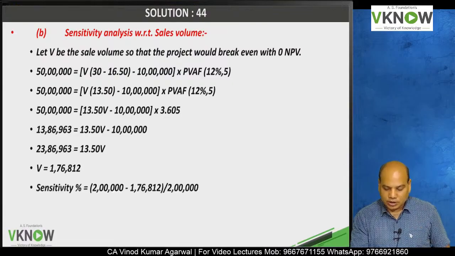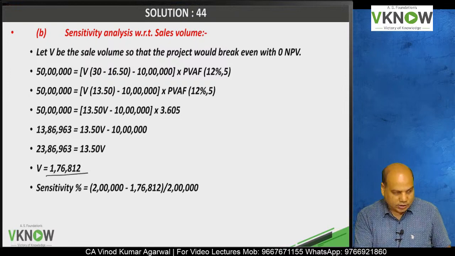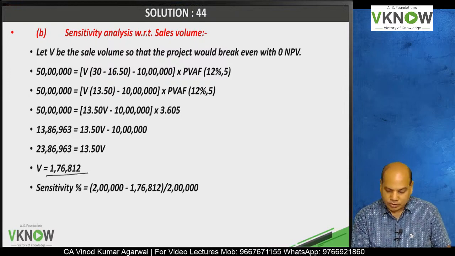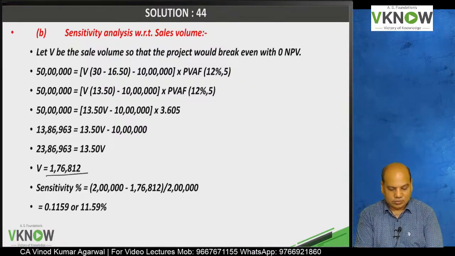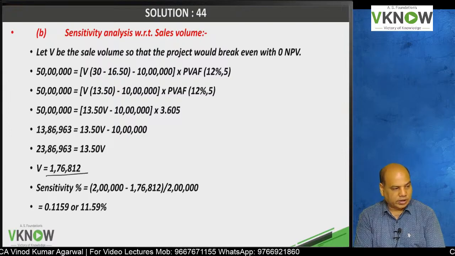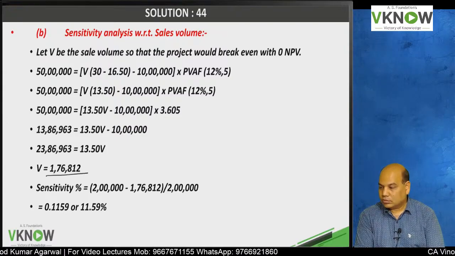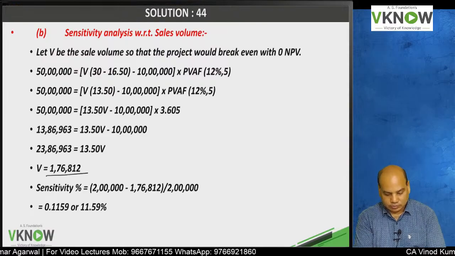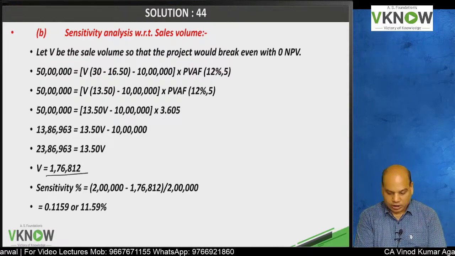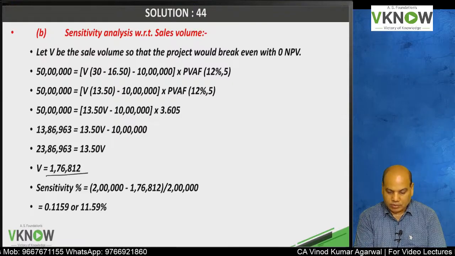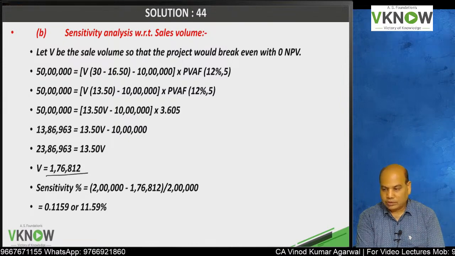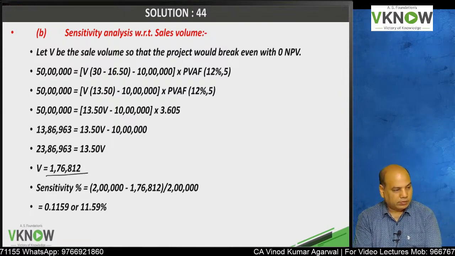Okay, so let us first answer. Oh, I have not written the sensitivity here. Please write sensitivity percentage. If not written, write sensitivity percentage: 2 lakh minus 176,812 divided by 2 lakh.